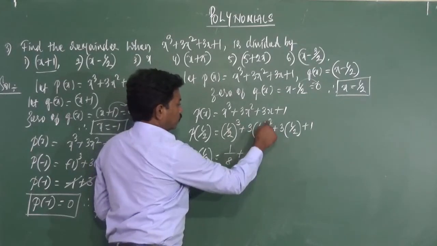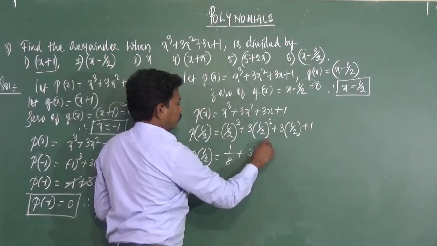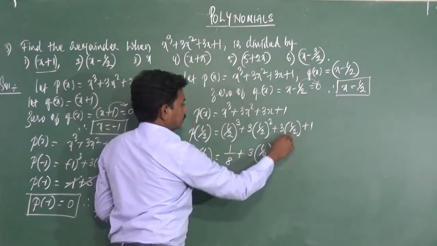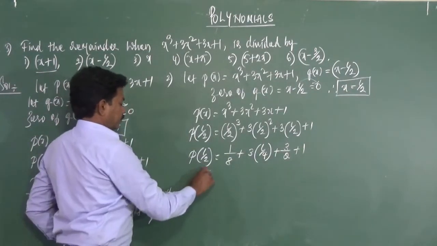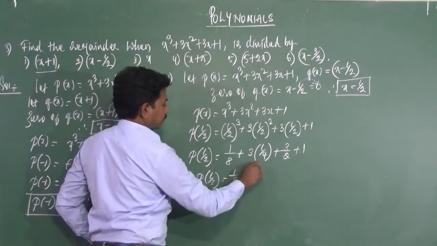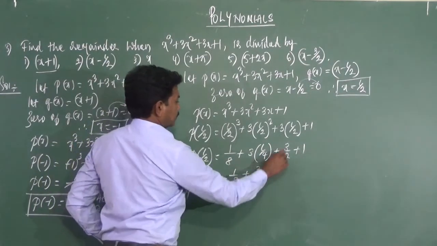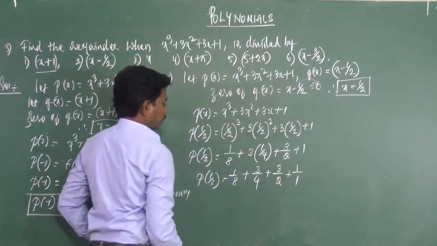Plus 1 by 2 whole square is 1 by 4, so 3 into 1 by 4 is 3 by 4, plus 3 into 1 by 2 is 3 by 2, plus 1. So p of 1 by 2 is equal to 1 by 8 plus 3 by 4 plus 3 by 2 plus 1 by 1.